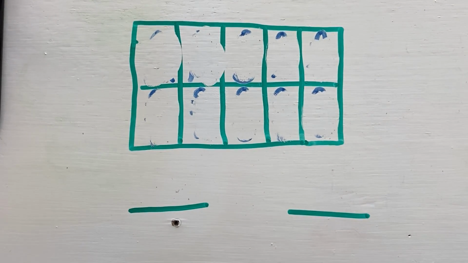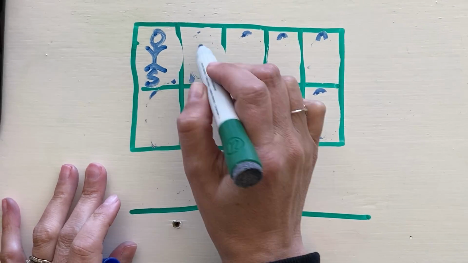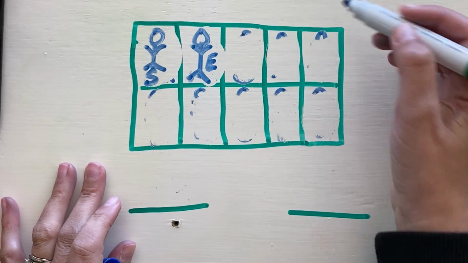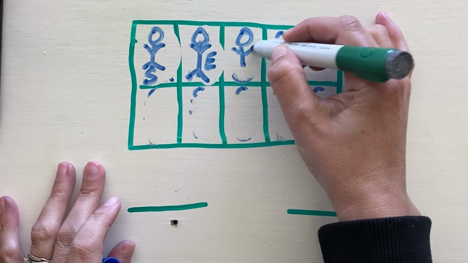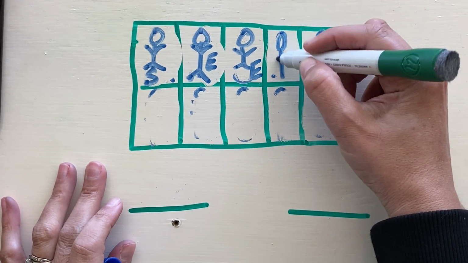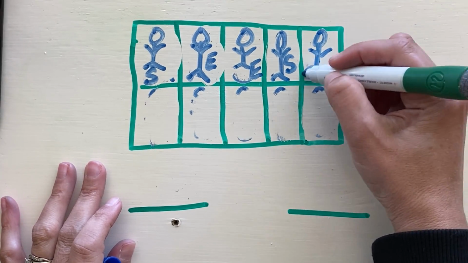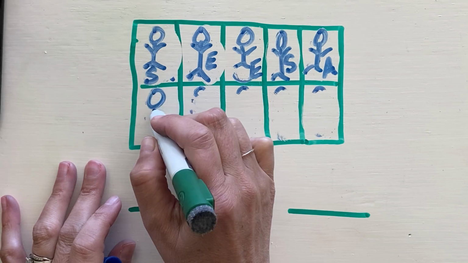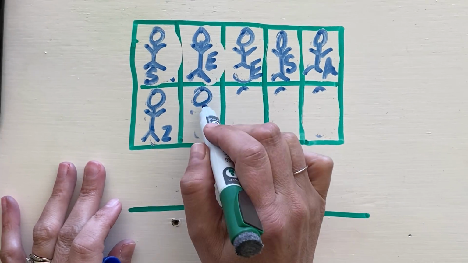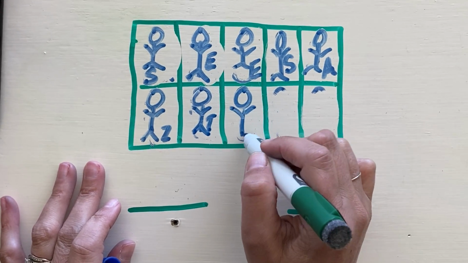So we're going to start by filling from the top again. So this time we're going to fill with Spencer and Elijah and Eva. Lots of E's in our classroom this year. And Seth and Alice and Zoe went in the 10 frame, and Tucker was inside our 10 frame.